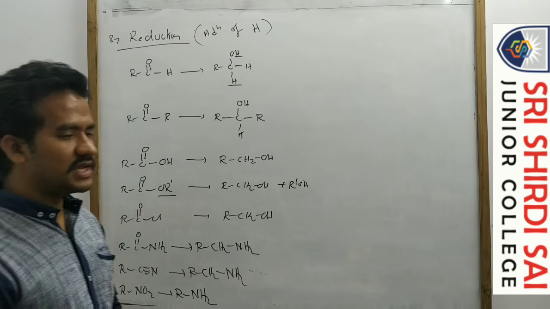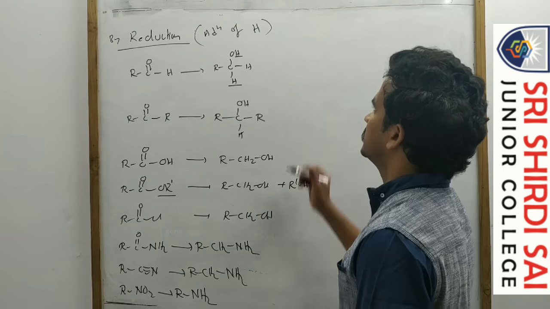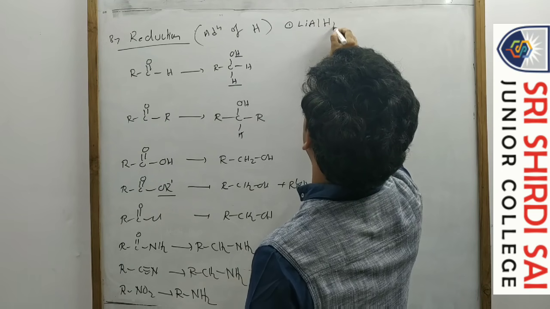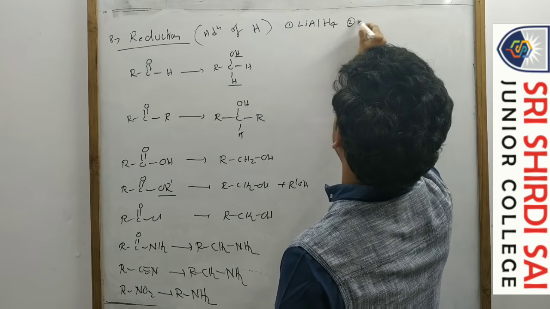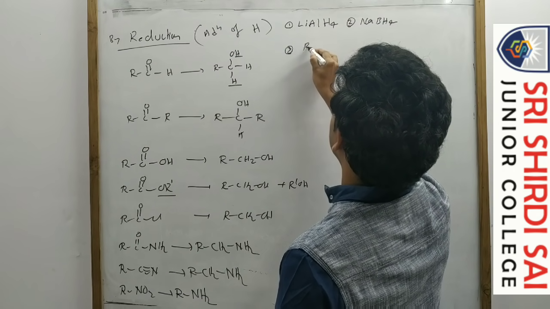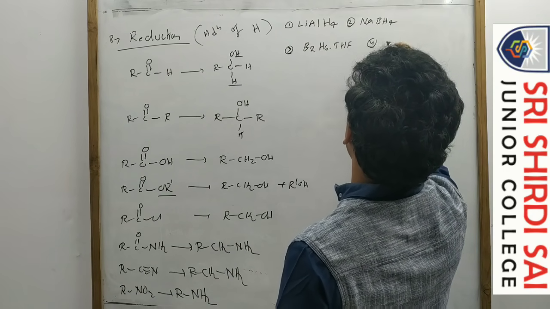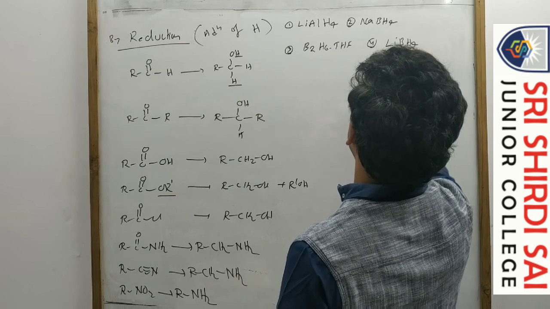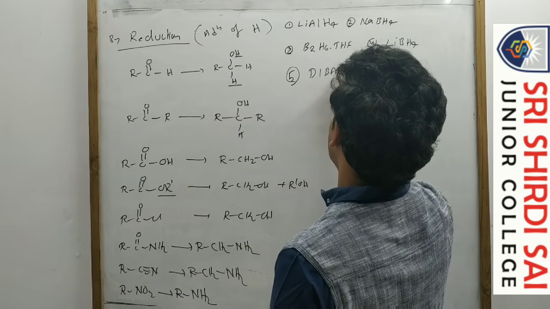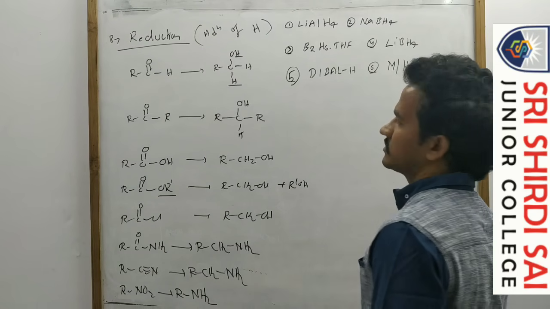Now here, what are the reagents for the reduction process? First one is LiAlH4, second one sodium borohydride, third one B2H6 in tetrahydrofuran, fourth one lithium borohydride LiBH4, fifth one DIBAL-H, and sixth one metal and H2, that is catalytic reduction.